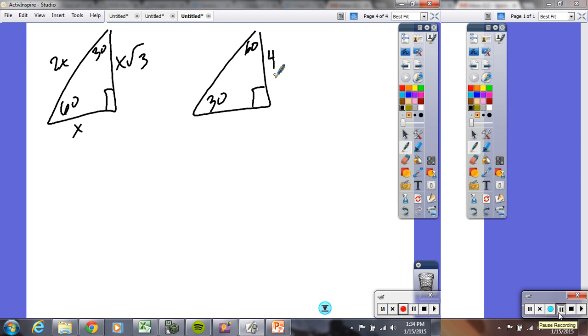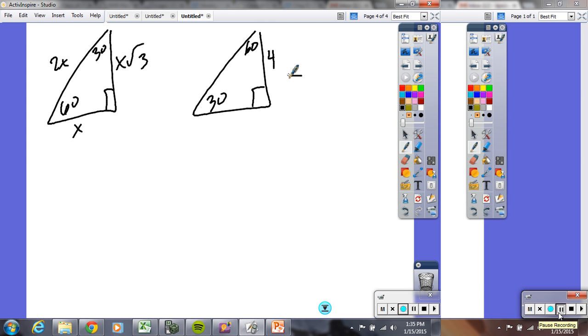What does this side correspond to? The 2x, the x, or the x root 3? It's x. You got flip-flopped, right? Notice, the 30, the opposite side is always x. So, look what we have, the side opposite of 30, so therefore this is equivalent to x.